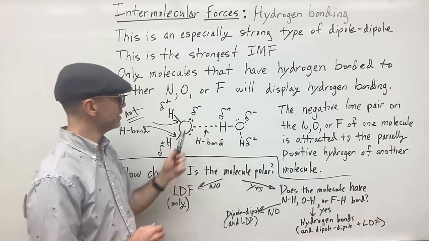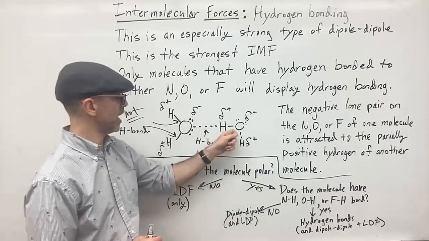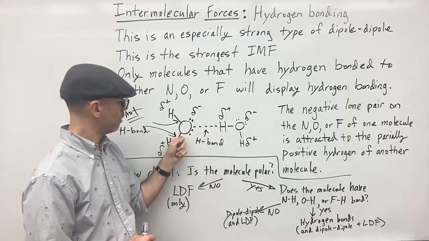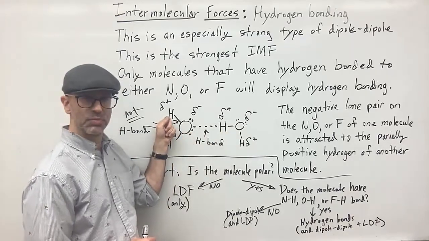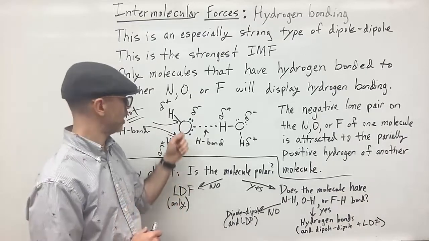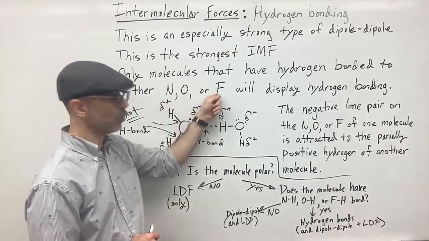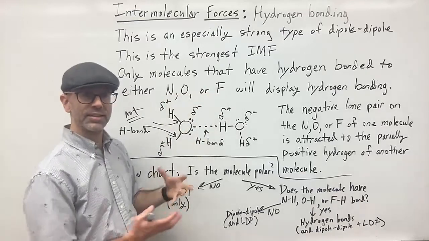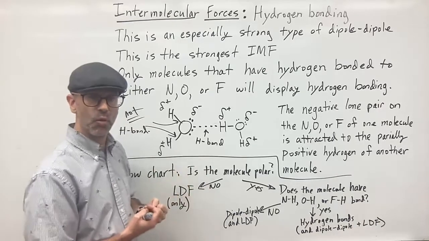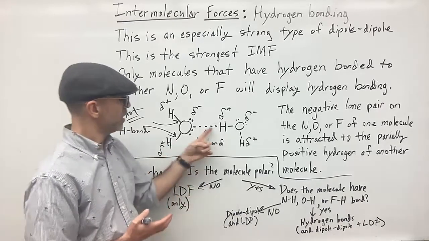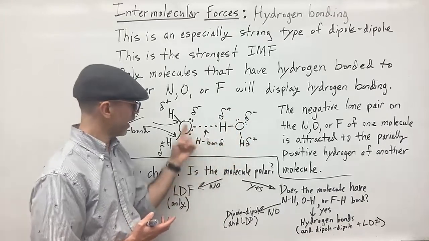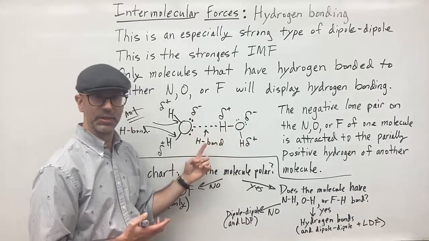Why? This is especially strong because the hydrogen is bonded to very electronegative atoms. Because of the especially strong electronegativity of oxygen, nitrogen, and fluorine, that's going to pull on the electron density from hydrogen even more, such that the polarity is going to be pretty strong, and that's going to create a strong hydrogen bond here.